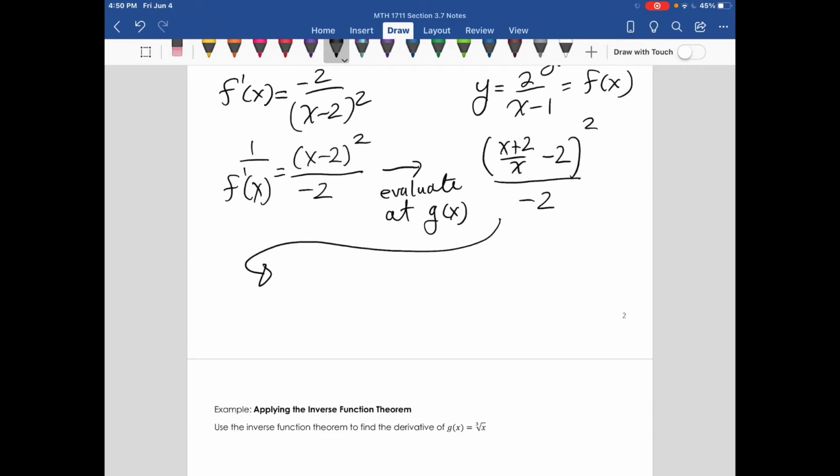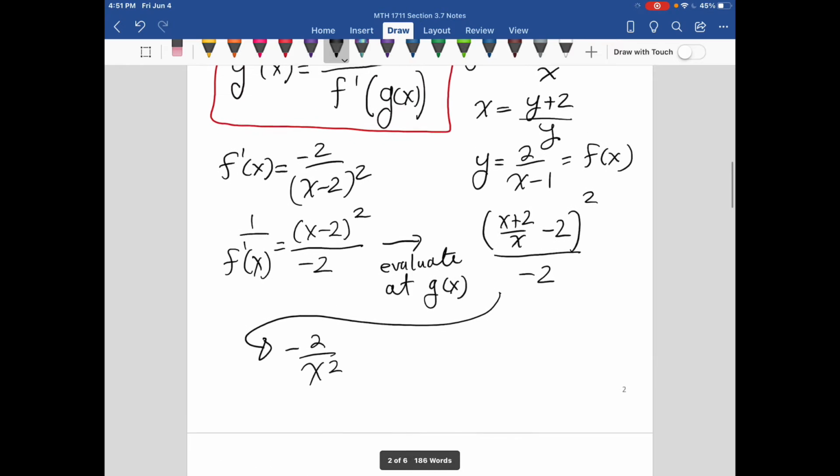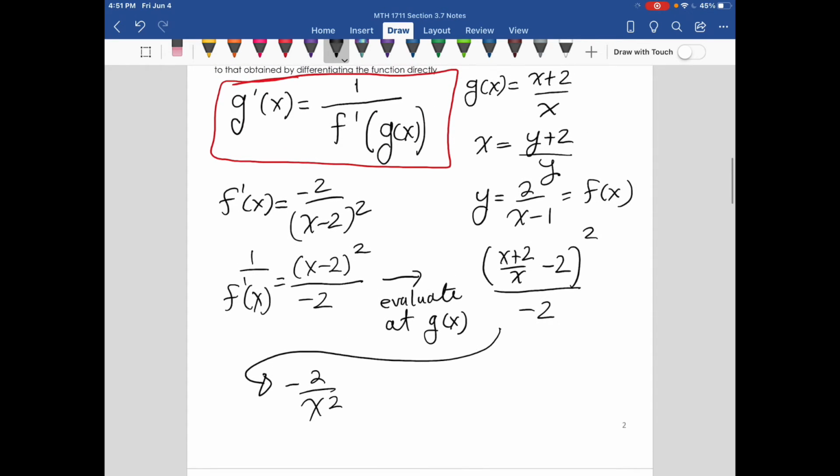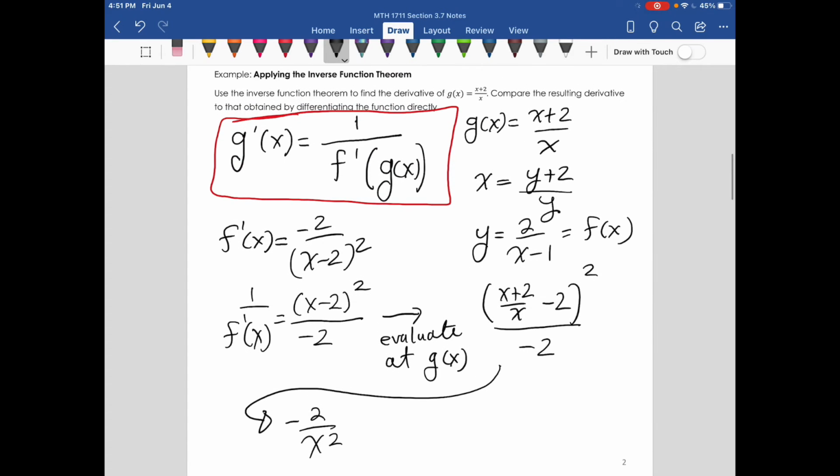I'm going to finish down here. When I clean that up and simplify that, I'm going to get negative 2 over x squared.